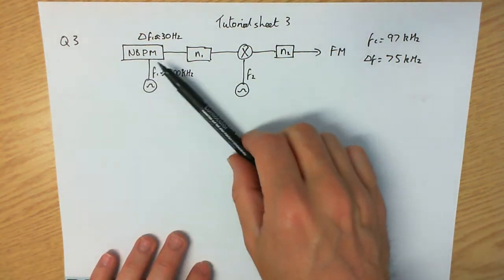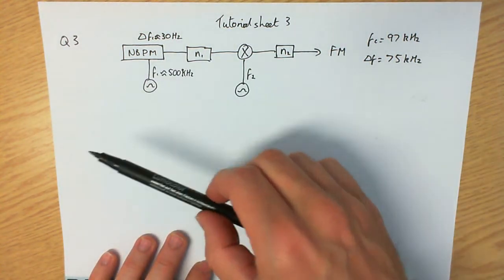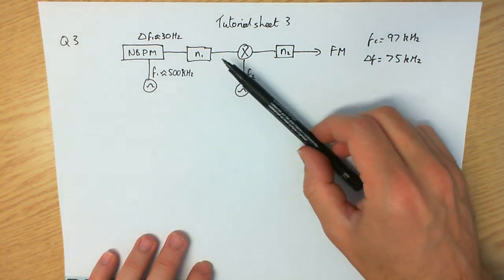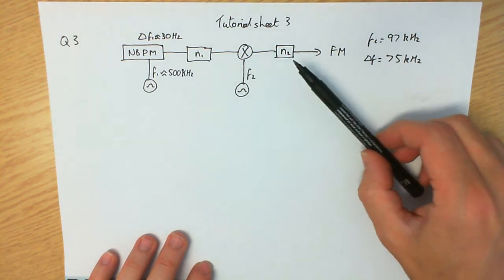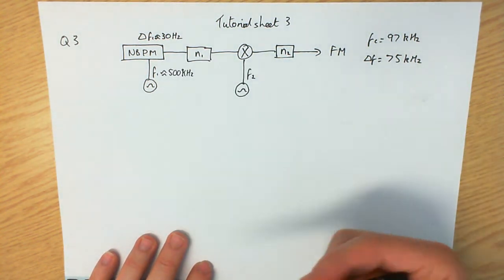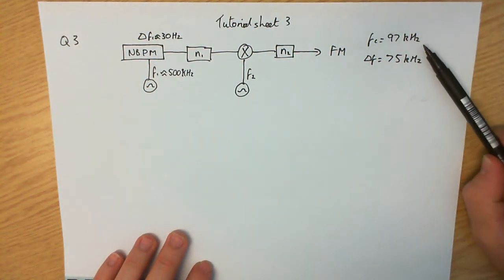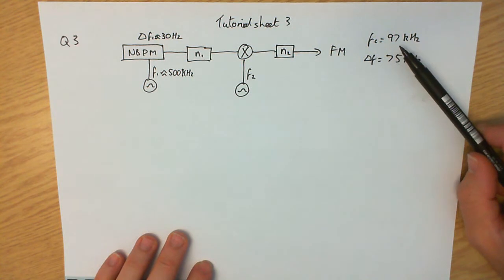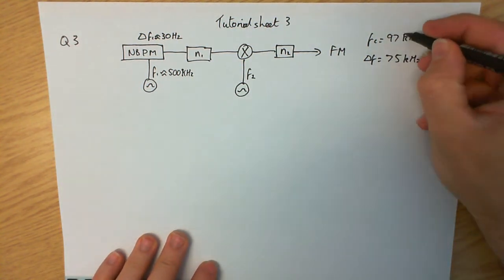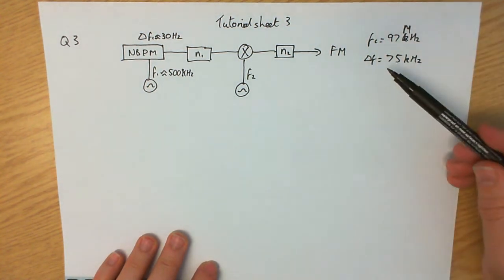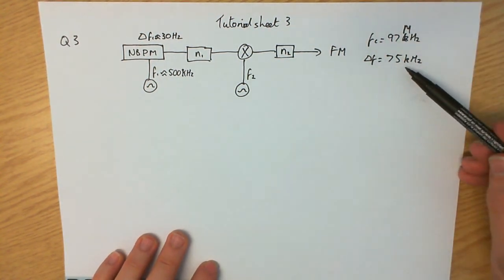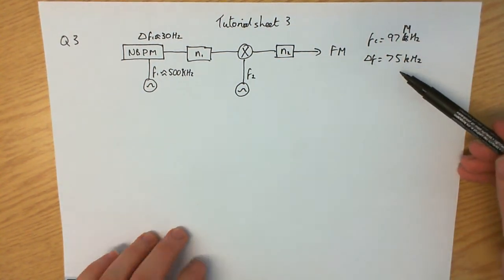So what I've done, I've drawn the basic layout of an Armstrong modulator, including the multipliers and the mixers that you need. What we're given in the question is that the output parameters have a carrier frequency of 97 megahertz, and a maximum frequency deviation of 75 kilohertz.